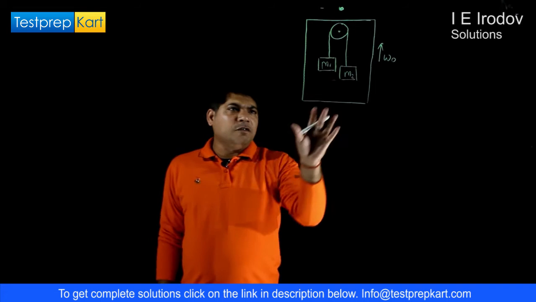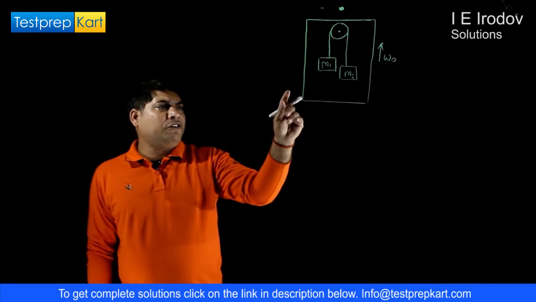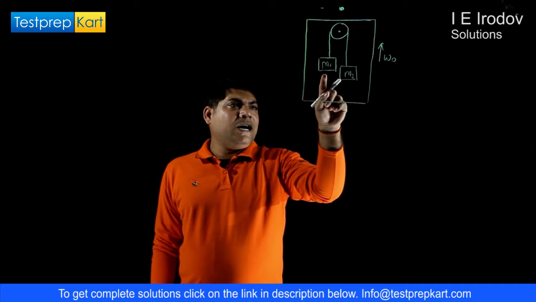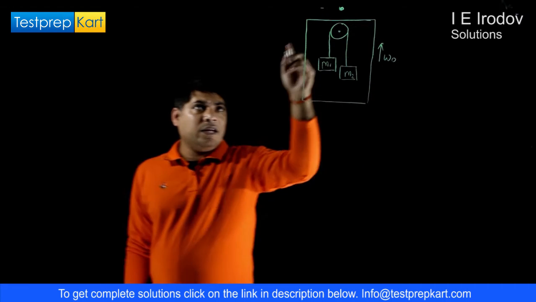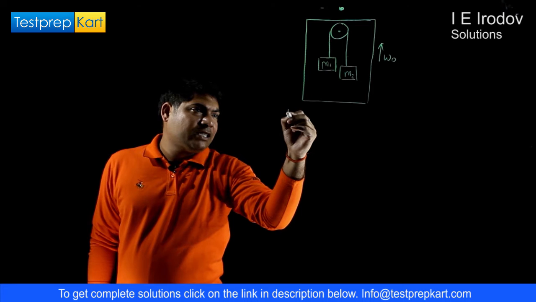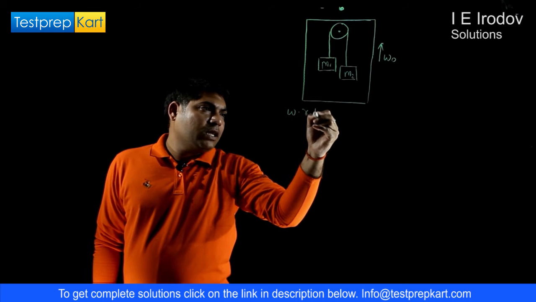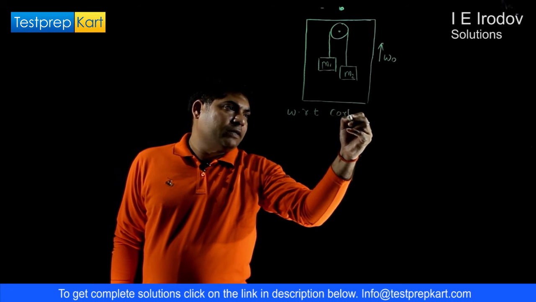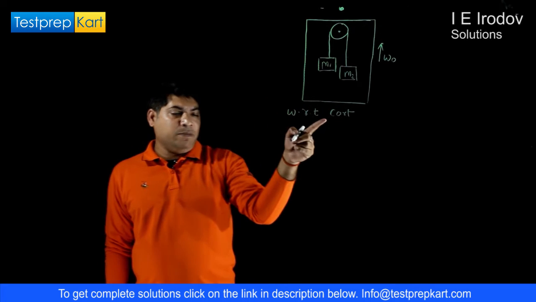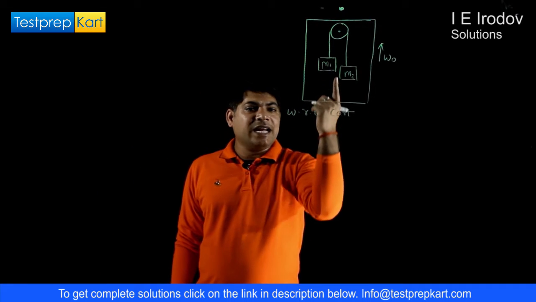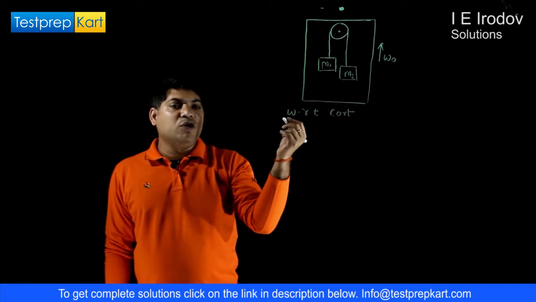So first of all, we need to draw the free body diagram of masses M1 and M2 with respect to this cart. So our first calculation is with respect to the cart. This cart is a non-inertial frame as it is accelerating upward with acceleration omega naught.